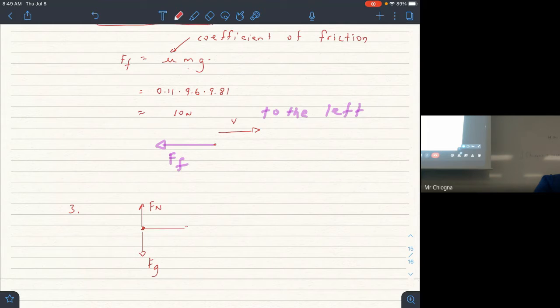I'm drawing the free body diagram just to show you visually. I haven't drawn the friction in yet, but the key phrase is constant speed.